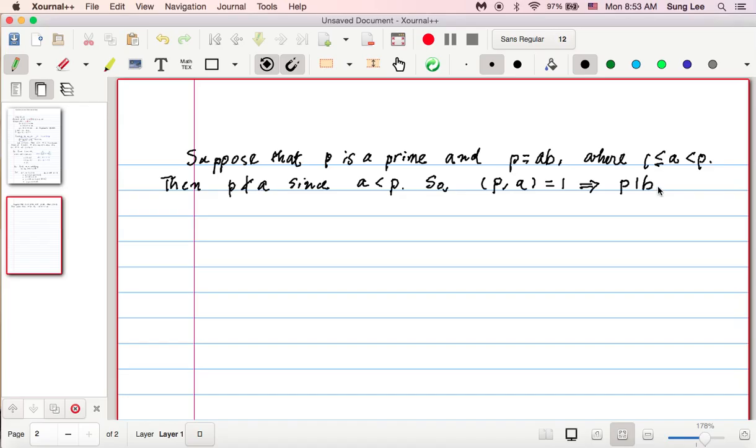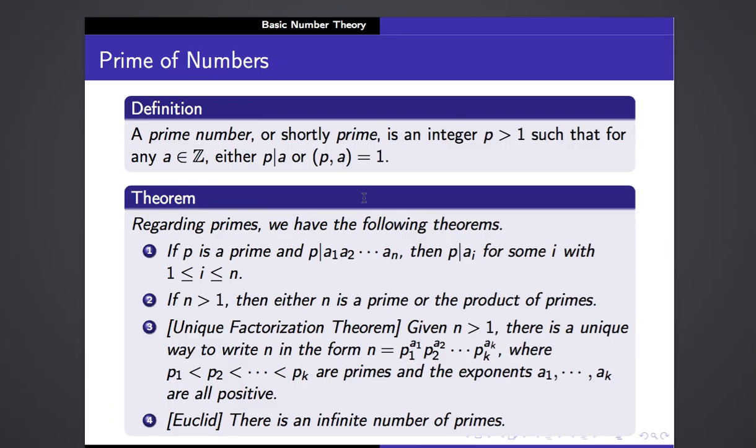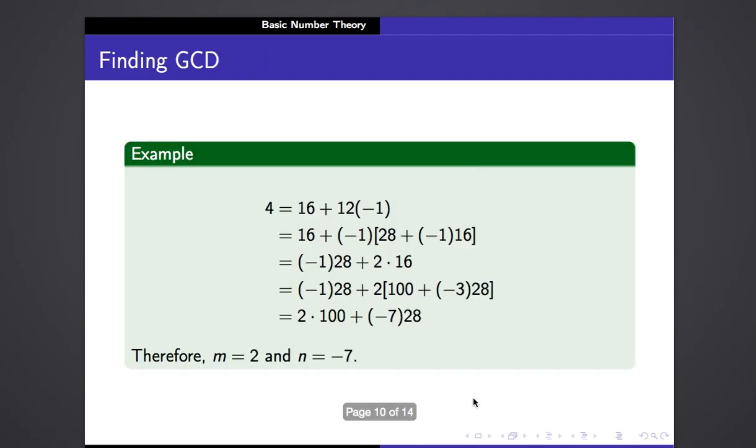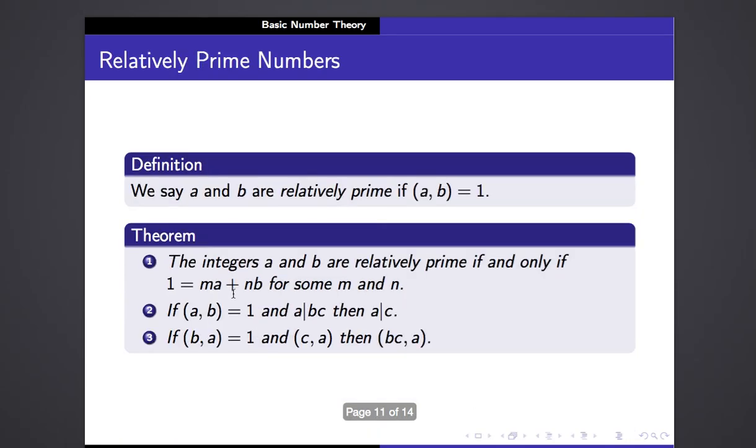If it helps, let me go back. Here's the property: if A and B are relatively prime, and A divides B times C, then A must divide C. That's the property I was talking about.